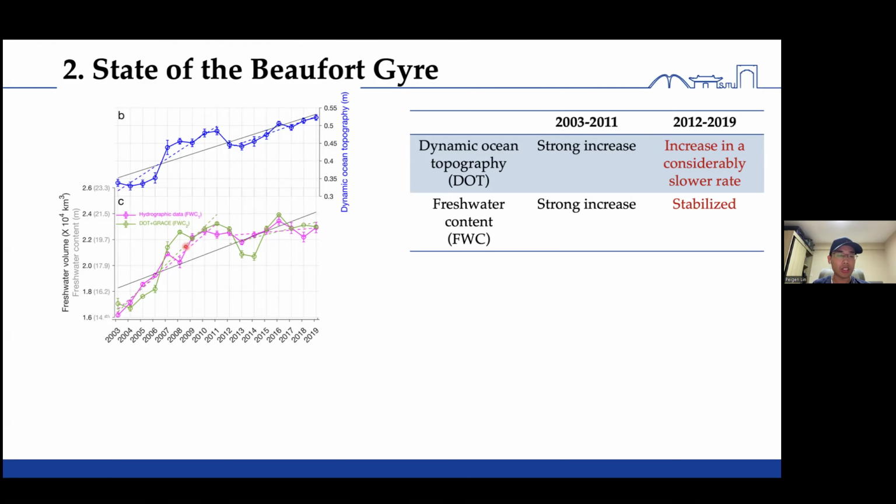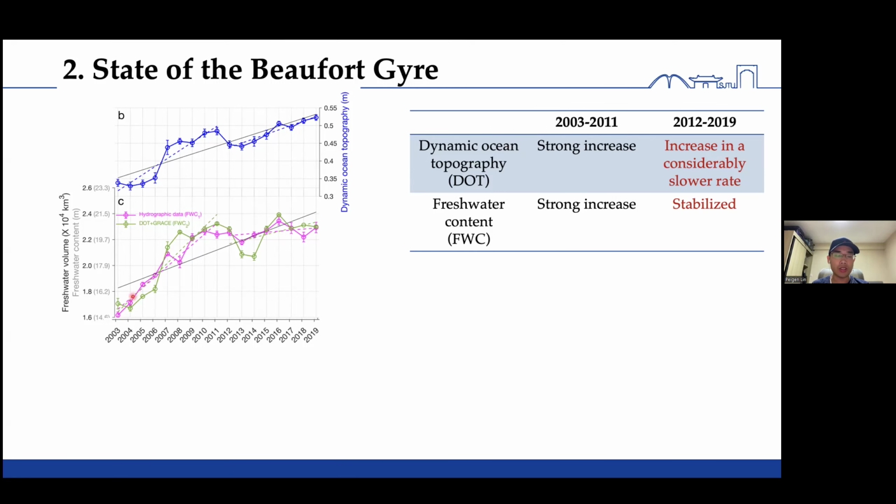I would like to note there are two freshwater content time series, right? We actually computed the freshwater content using two different data sets. The magenta curve uses the historical hydrographic data within our study domain that I showed you a second ago. And the other uses the DOT, the dynamic ocean topography, plus the GRACE, which gives us the equivalent water thickness, and we can also estimate the freshwater content.